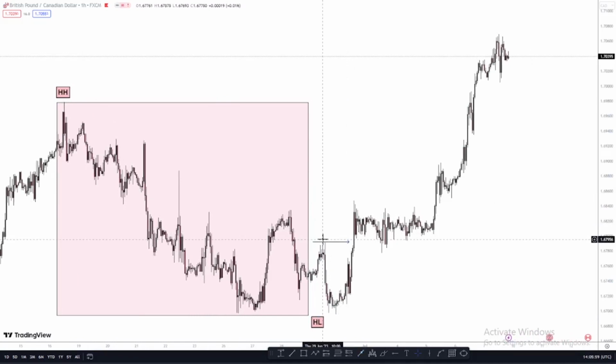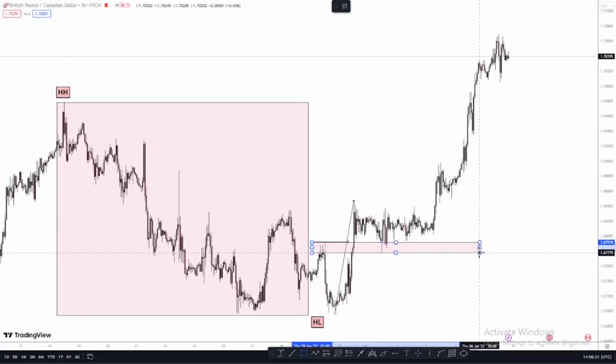I repeat, price shifted structure from bearish to bullish when price was able to close above this last lower high. Also, this last lower high was serving as a resistance level.